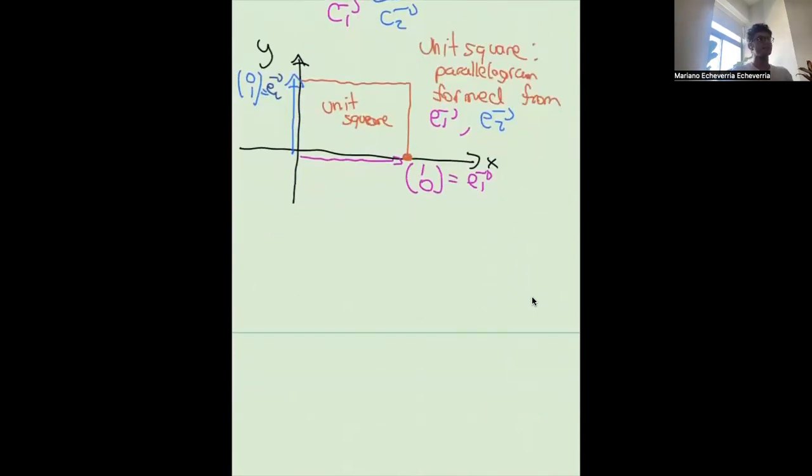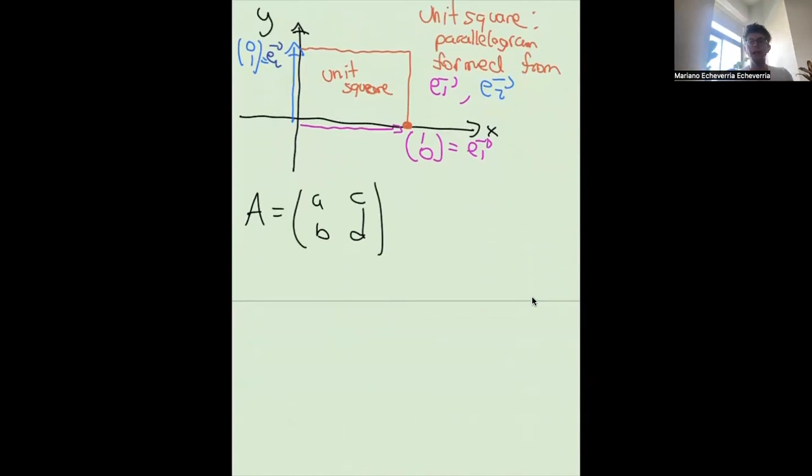Now here comes the next step. Once you have a matrix, we have this matrix which I'm calling A, B, C, D. Remember, a matrix is something you can use to multiply a vector. It's a tool to transform a vector.